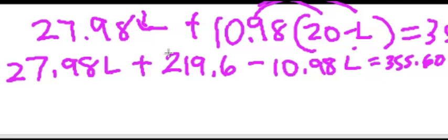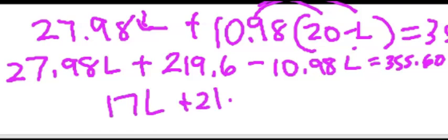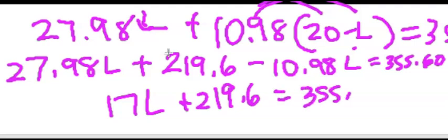So 27.98 minus 10.98. 27 minus 10 is 17. Plus 219.60 equals 355.60. I'm going to subtract 219.60 from both sides.